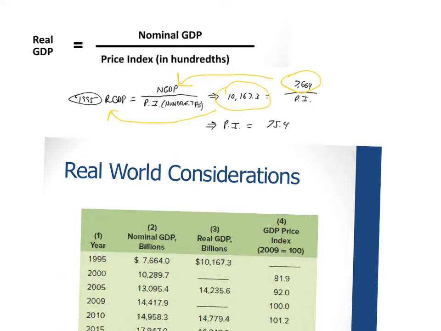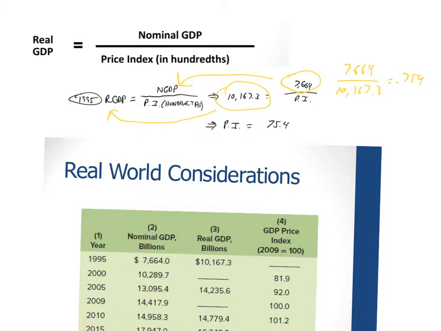So that's real GDP. And if I just do some basic math, I will get 0.754 if I take these two numbers over each other, like so.